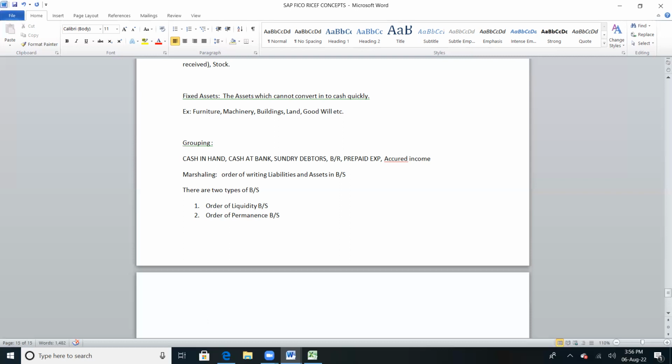And the least urgent payment will be written last. That is capital. For example, you can see this order of liquidity balance sheet, how it looks.